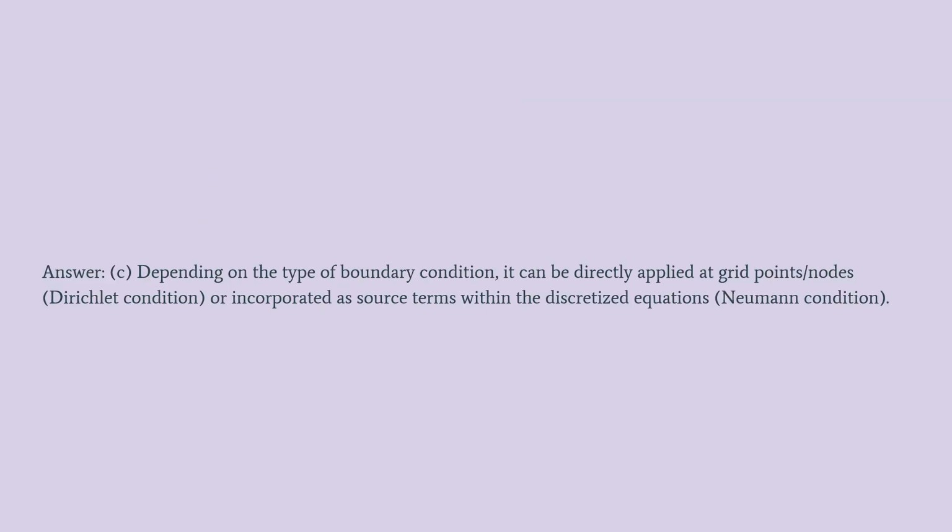So option C is our answer. Option A is explaining the direct application of boundary condition, which is called Dirichlet boundary conditions, while option B is saying about Neumann boundary conditions, or something in terms of source terms.